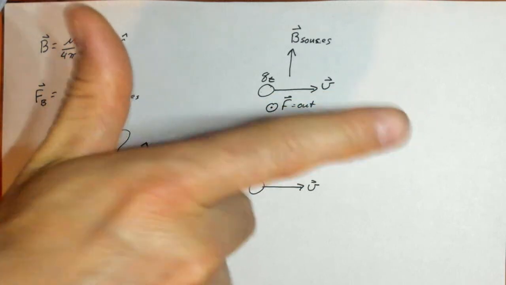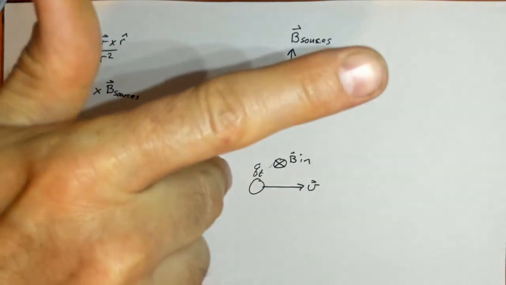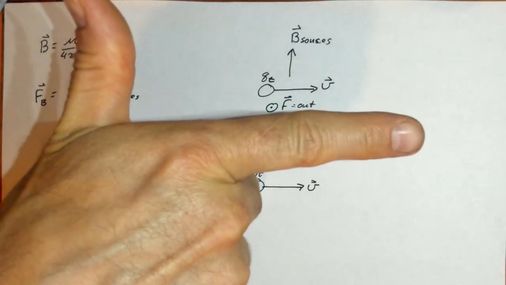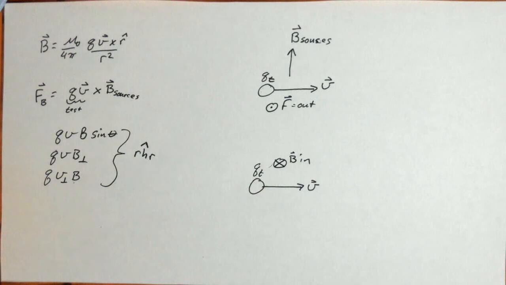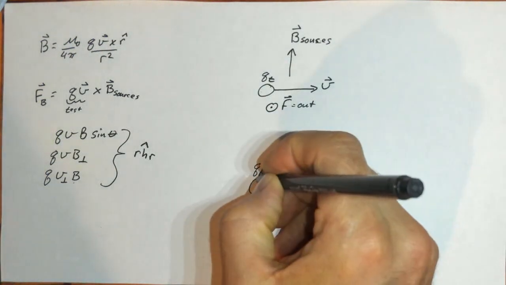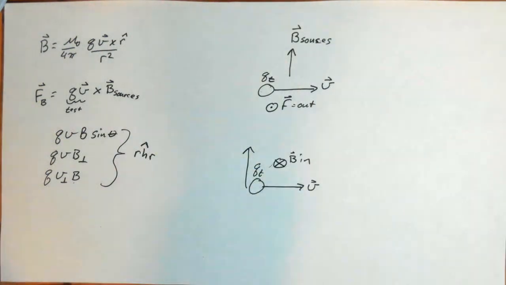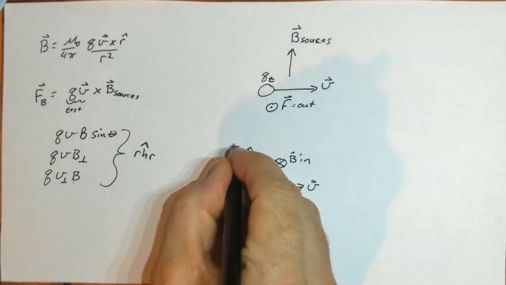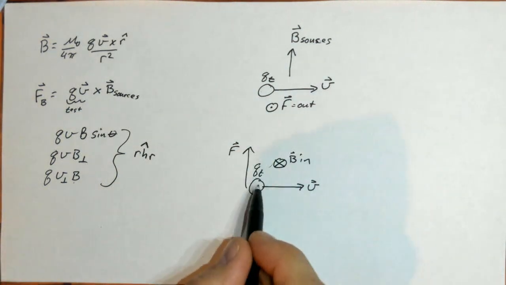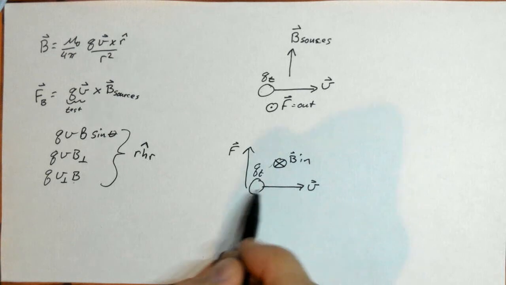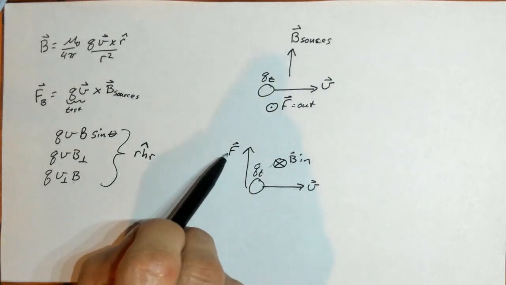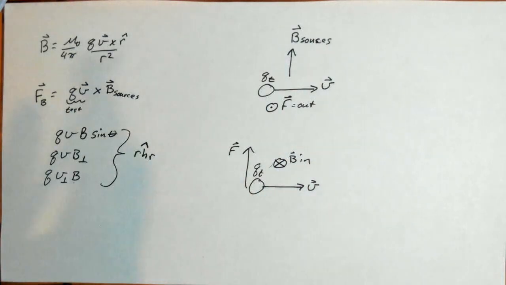So V is that way, B field's down away from you, forcing my thumb to be up the page. So the force, I'll draw it like this. The force acting on this charged particle, because it's moving, is upward. All right, so that's two examples of using the right-hand rule to figure out the direction.